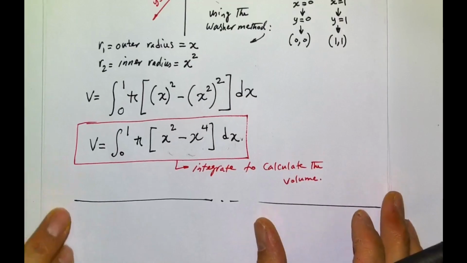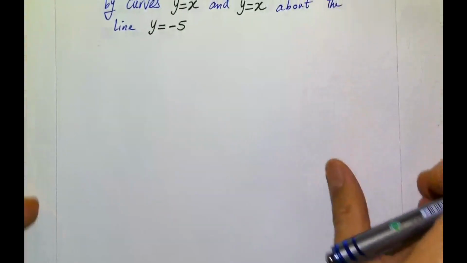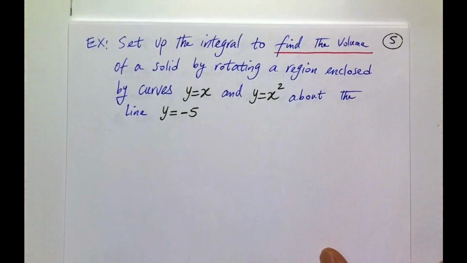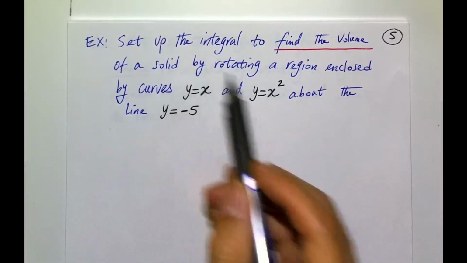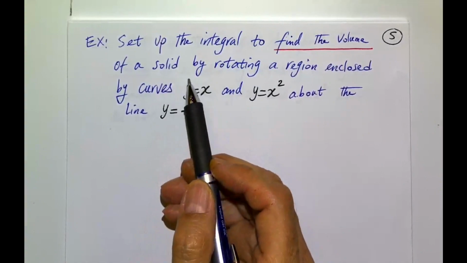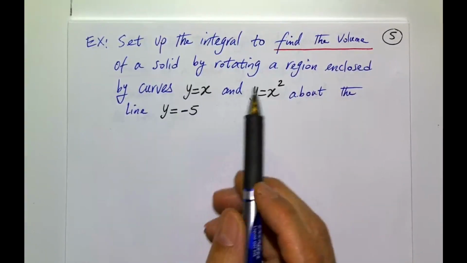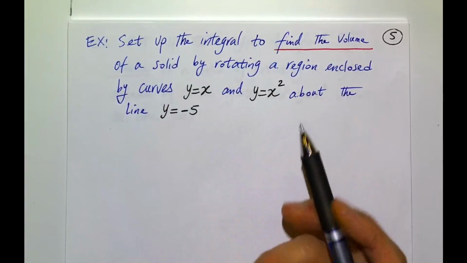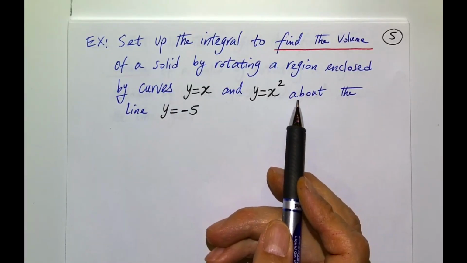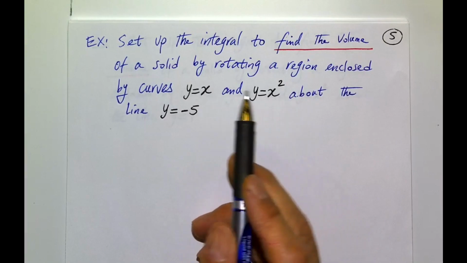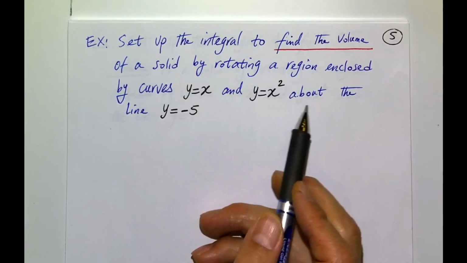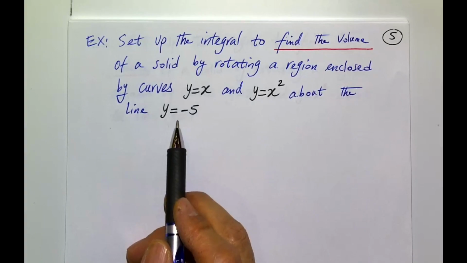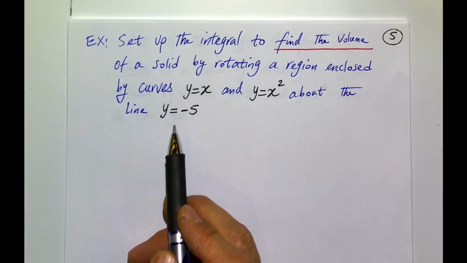All right, so let us go over another example. Here we are asked to set up the integral to find the volume of a solid by rotating a region enclosed by curves this and that. This is the same two curves as the previous example, but this time we're not rotating this region about the x-axis, we're rotating it about this line, y equals -5.